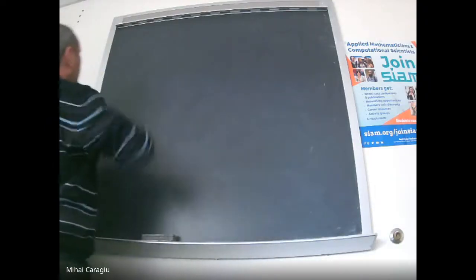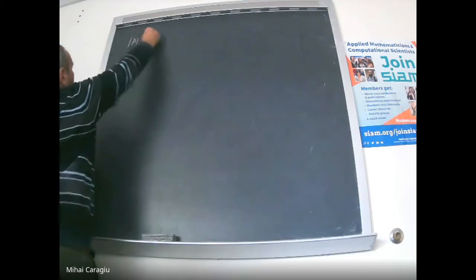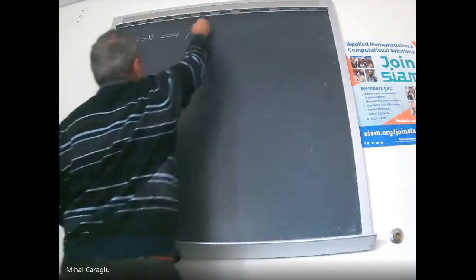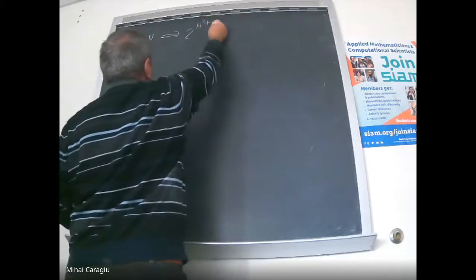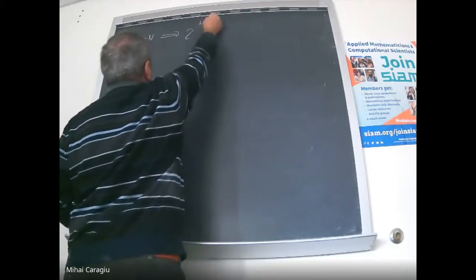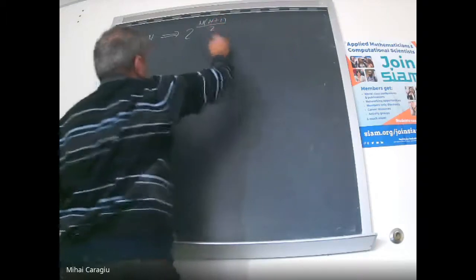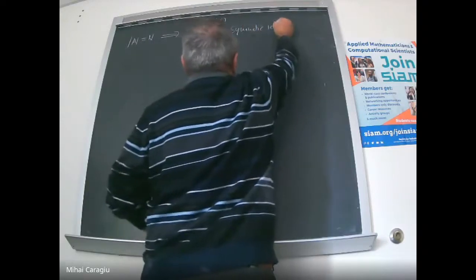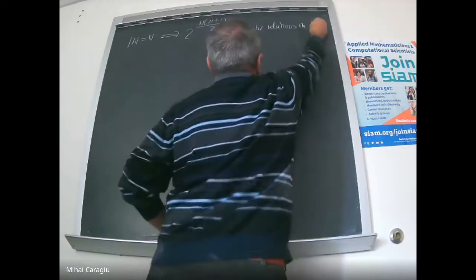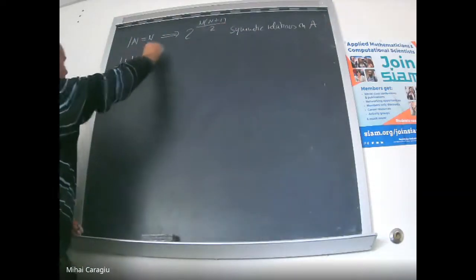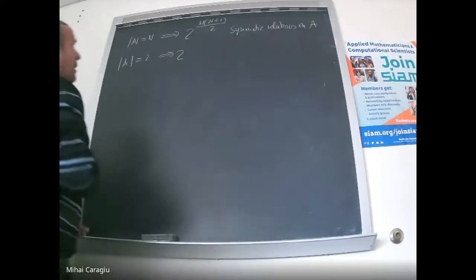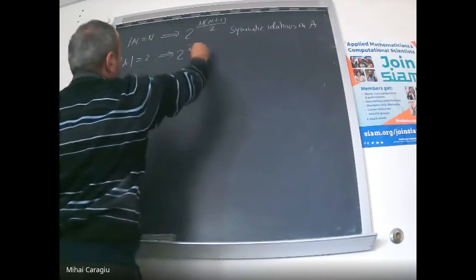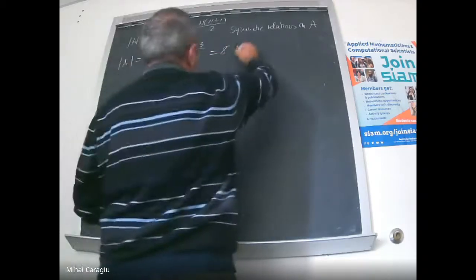Before this, if the number of elements of A is n, we have seen that there are 2 to the power n squared plus n, or n times n plus 1 over 2, symmetric relations on A. In particular, if the number of elements of A is 2, we have 2 to the power 2 times 3 divided by 2, which is 8 symmetric relations on A.